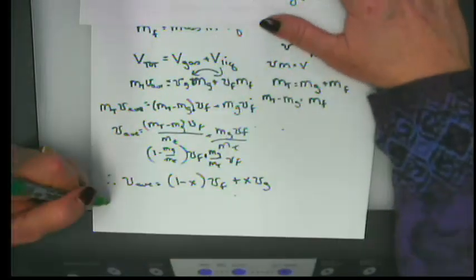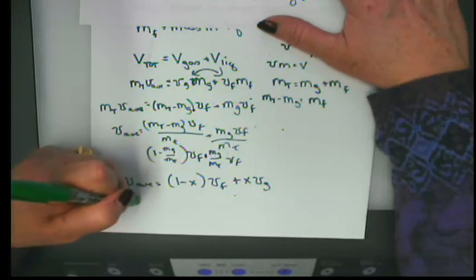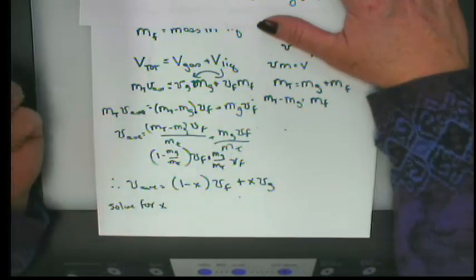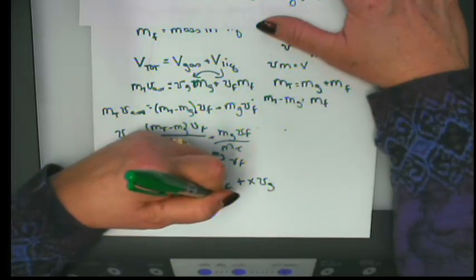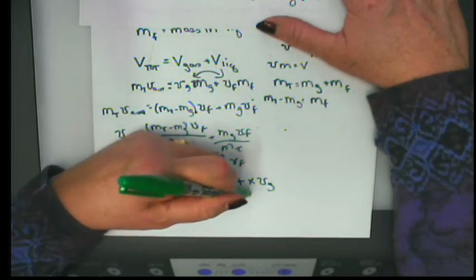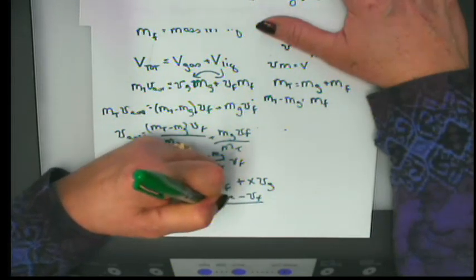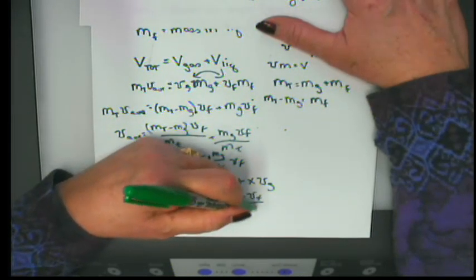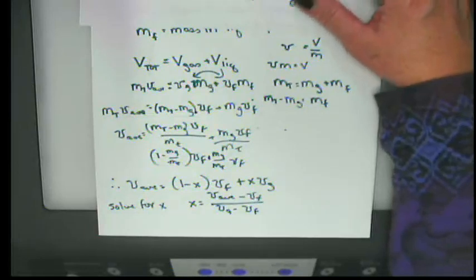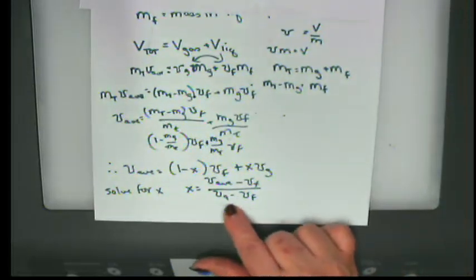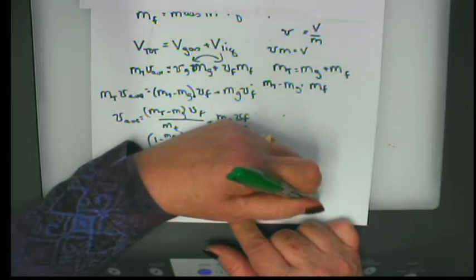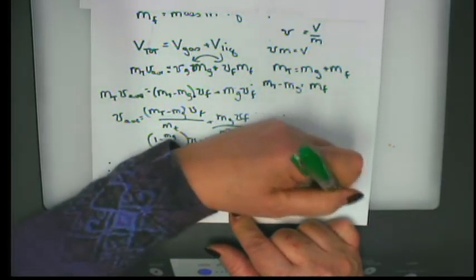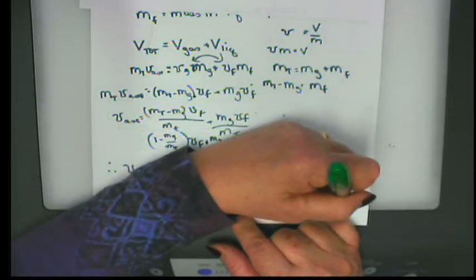And finally, if we solve for X, you can say that X is equal to V average minus V sub F over V sub G minus V sub F. And in the tabulations, V sub G minus V sub F is also listed as V sub FG.